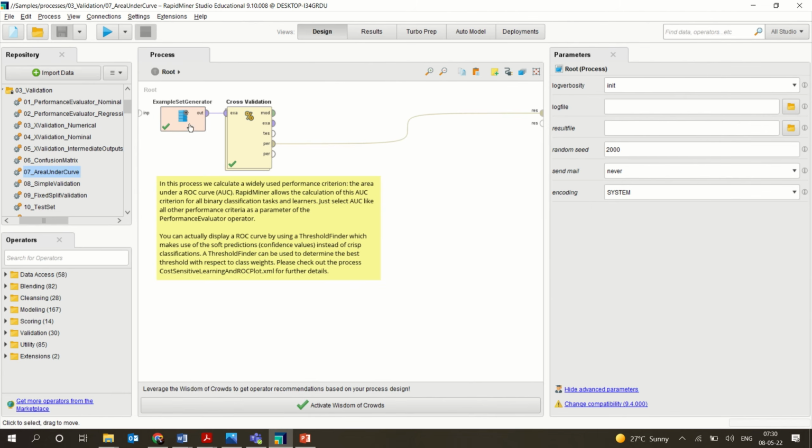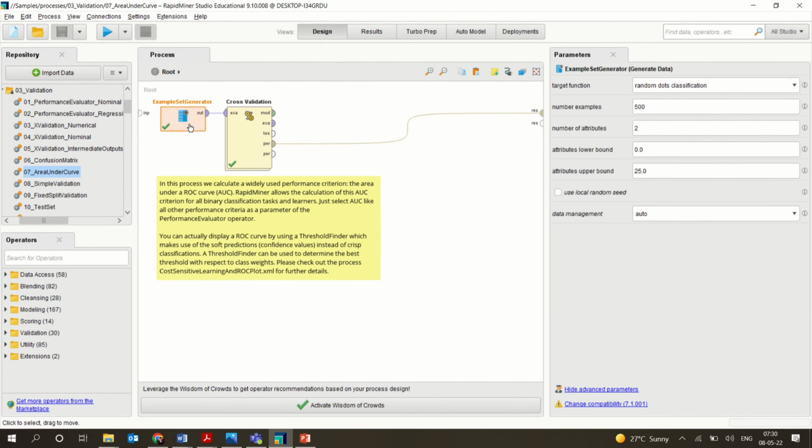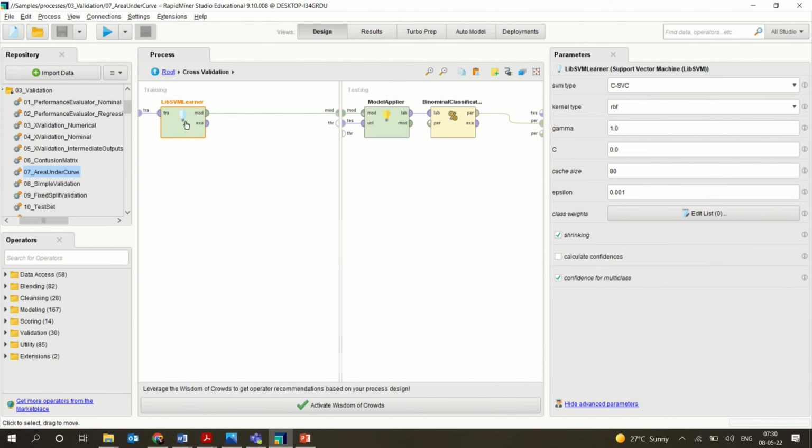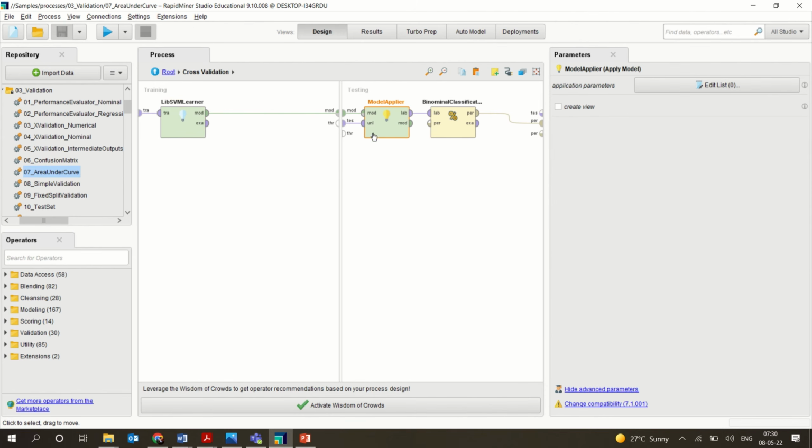Here in this example, they have taken some classification technique, don't worry about it, and we have 500 samples and number of attributes 2. When we look at the cross validation, it is divided into training and testing, where the training is taken as 80 and the testing is taken as 20.